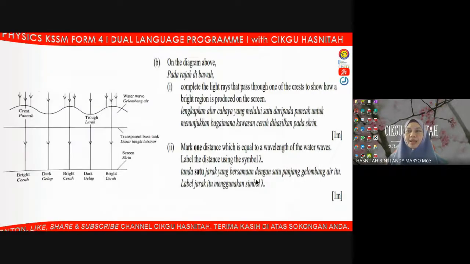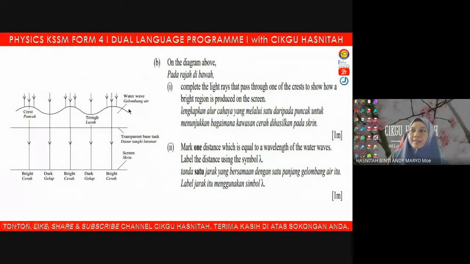One mark for that. And then B, in this diagram, you have to complete the light rays passing through one of the crests to show how a bright region is produced on the screen. You can see there are 3 crests here. You can choose any of these crests to complete the ray diagram.